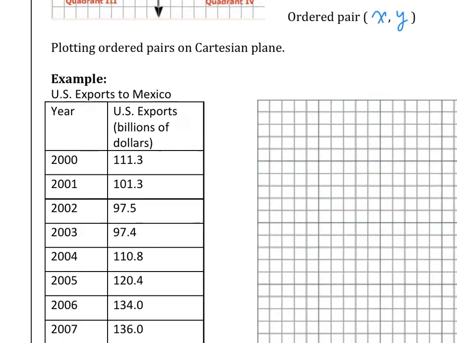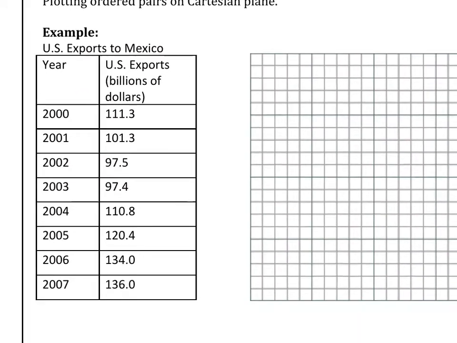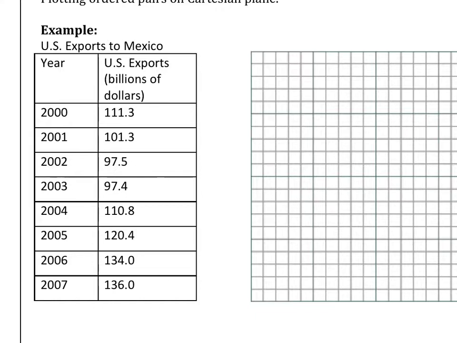Now let's review how to graph. So let's say that you have a table of exports, and you have year by amount of export. Which one would you make as the x variable? X is the independent variable. The year or the exports?